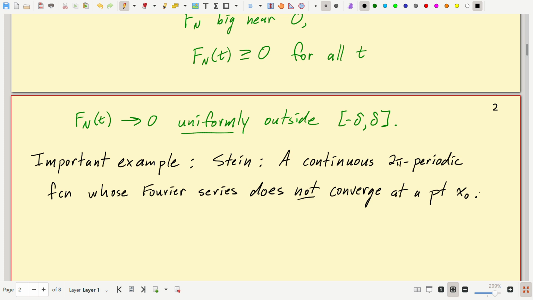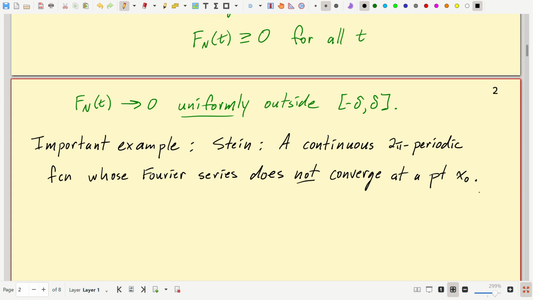So it might be hopeless to try to get a theorem that says Fourier series converge in that generality.